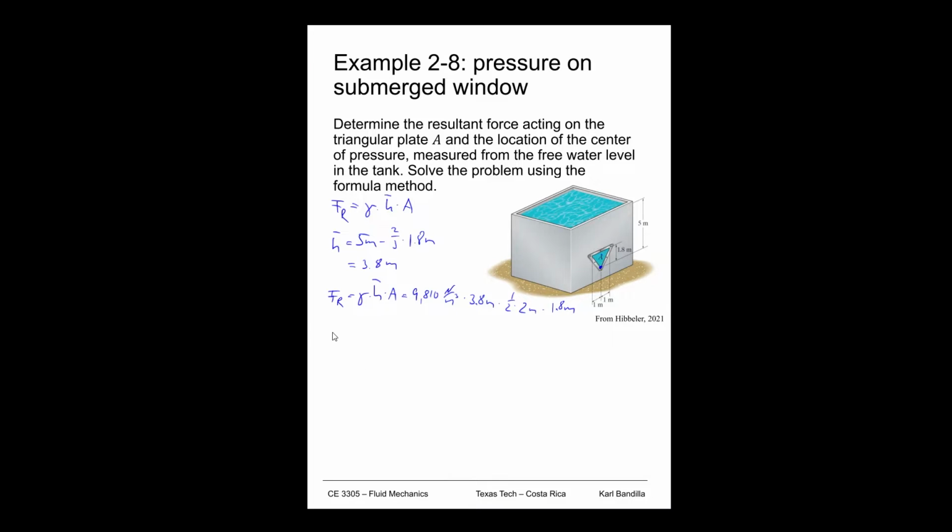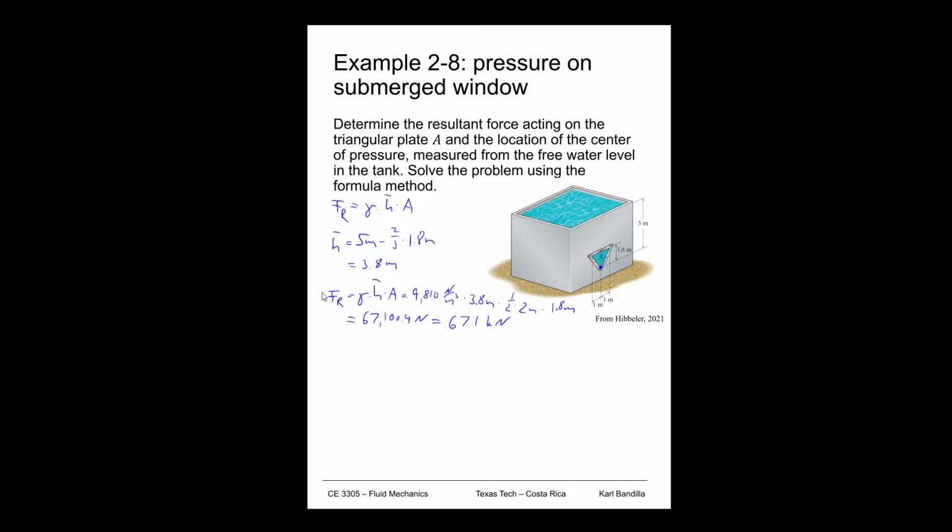If we plug those numbers in, we get 67,100.4 newtons. It's because we had the newton here, meter cubed, meter, meter, meter, so that all works out. That would be 67.1 kilonewtons, pretty much exactly on the head.